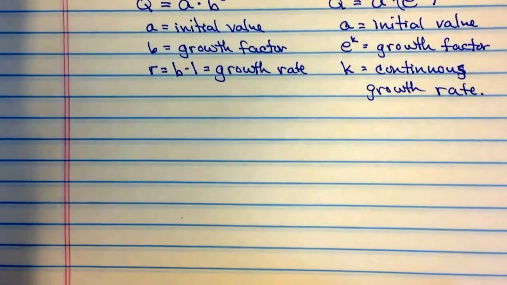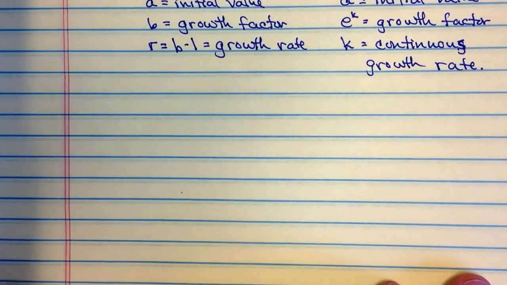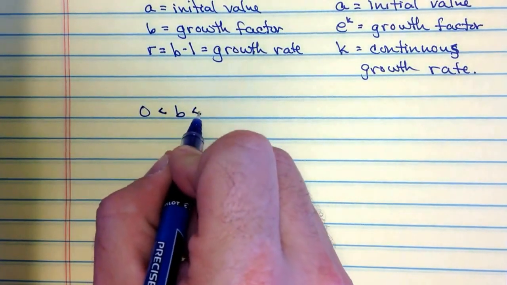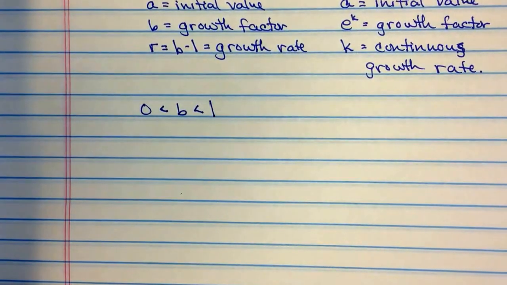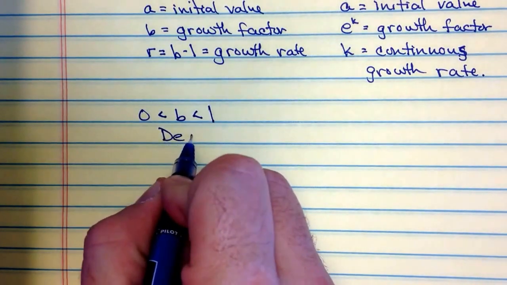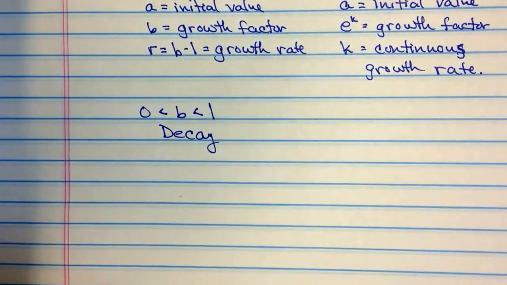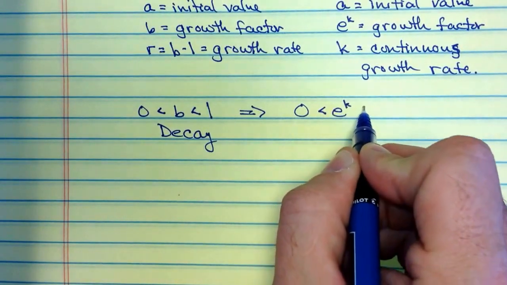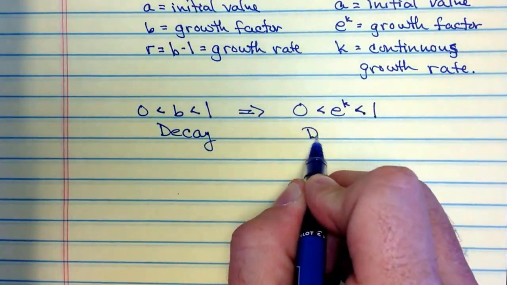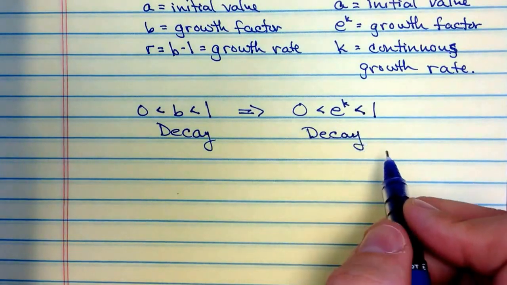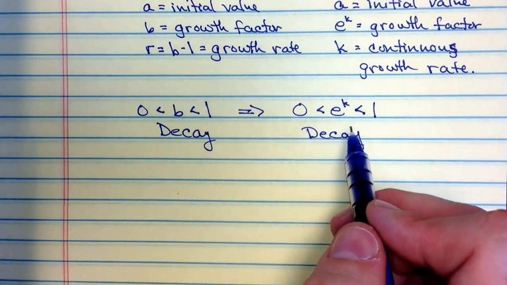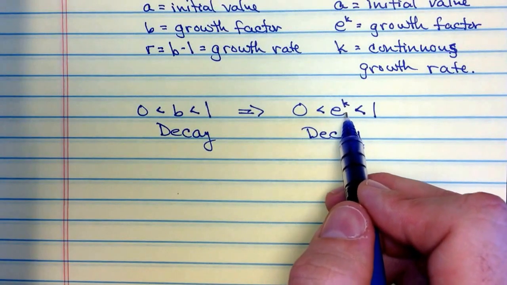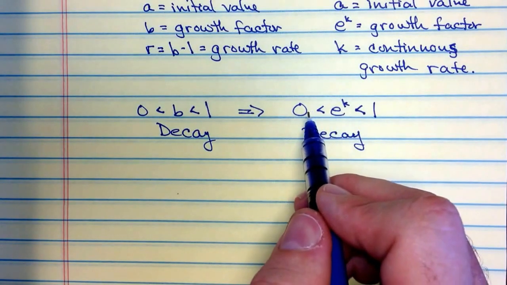A couple other things that we talked about before that we need to know now. When we had B between 0 and 1, that said that we had an exponentially decaying function. So now that means if e to the k is between 0 and 1, we'll have decay. Well, e is 2.718, so what number would I need to raise e by to get a number between 0 and 1?